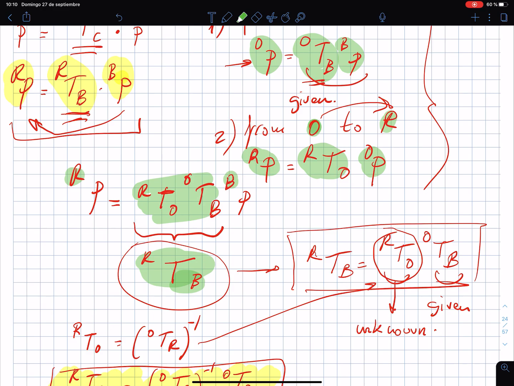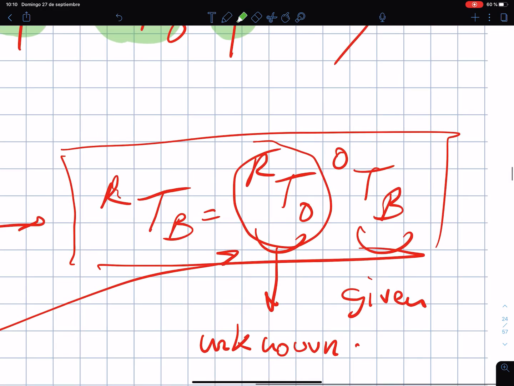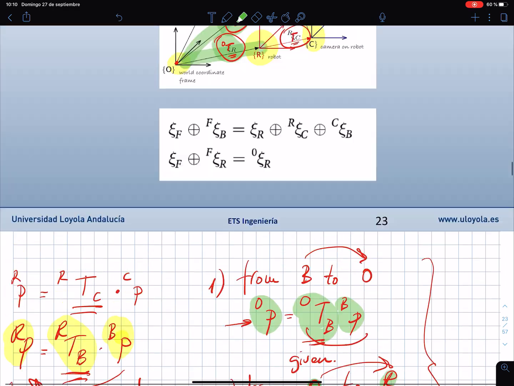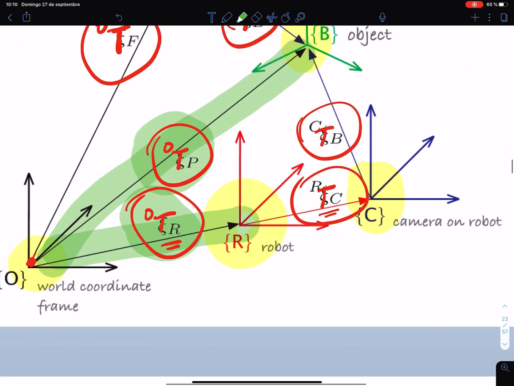So RTB is equal to RT0 0TB. So it might seem that we have already computed RTB, but it is not the case, because 0TB is given, but RT0 is not given in the initial drawing. In the initial drawing we have 0TR.